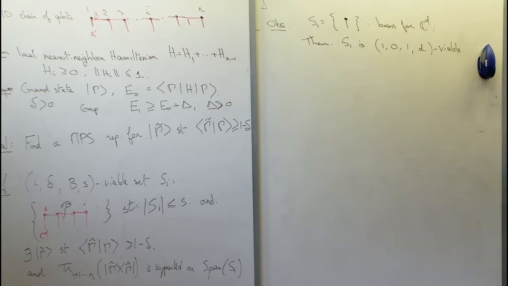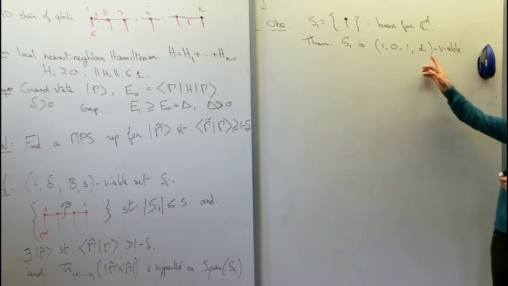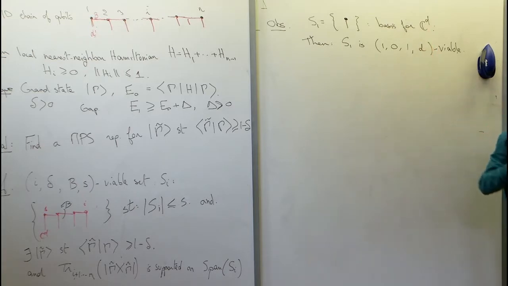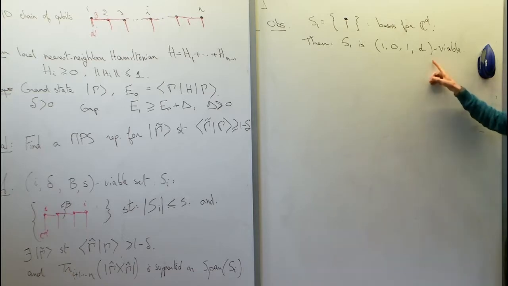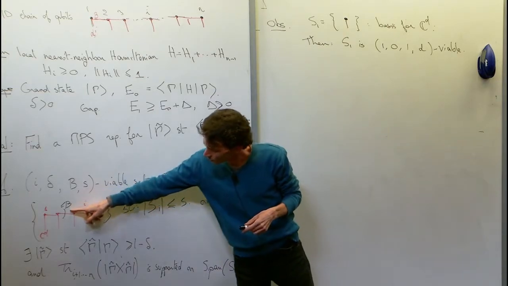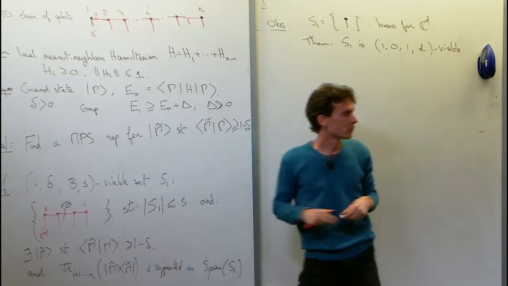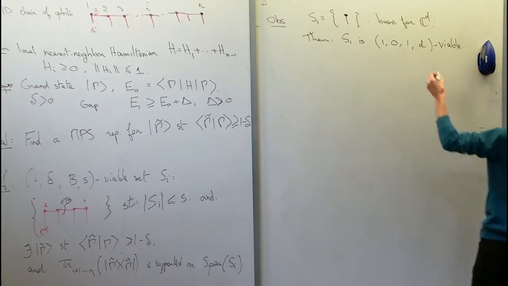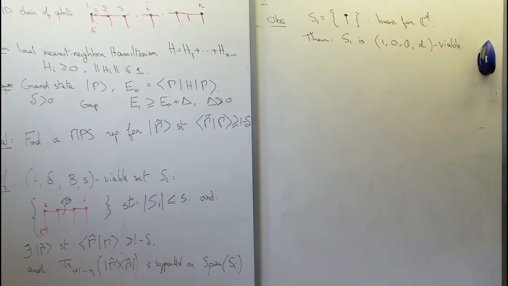It's d, the local dimension of the qubit. I just took a basis for C^d, and it's the size of the set, the number of vectors. It's not the bond dimension, the bond dimension is the one before. I put a 1, B is the bond dimension, and you could call it 0.